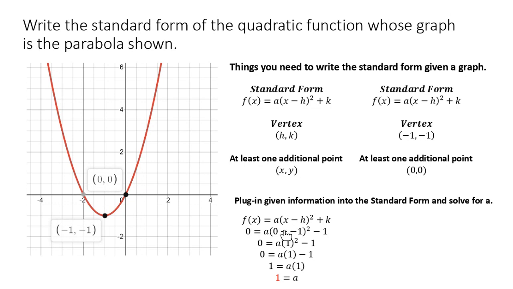So here, I'm able to also calculate a. I used a point on the graph to calculate my a value, which gave me a is equal to 1. So my answer is just x plus 1 squared minus 1. Okay? So let's do another example. Let's go through another example to show this again.